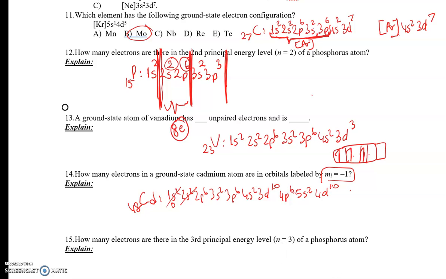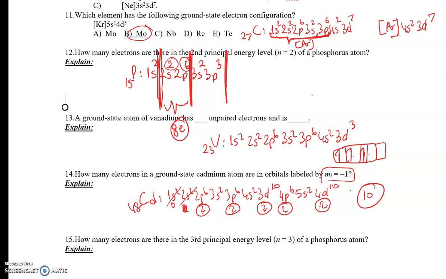So there are 2 electrons in here. I get 2 electrons on here. I got 2 electrons on the d orbital because I got ml minus 2, minus 1, 0, plus 1, plus 2. So I have one orbital where we can put 2 electrons on the d. I got 2 here for p, and then I got 2 for d. So 2, 4, 6, 8, 10 total.